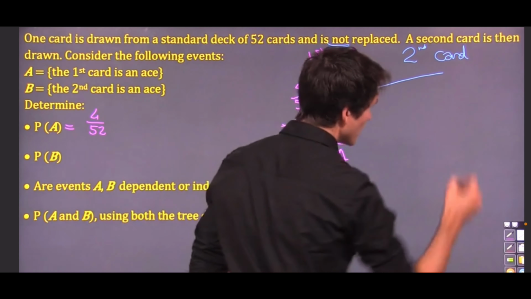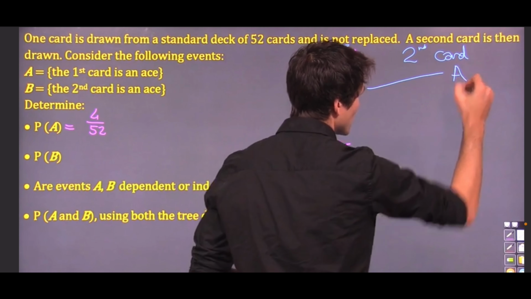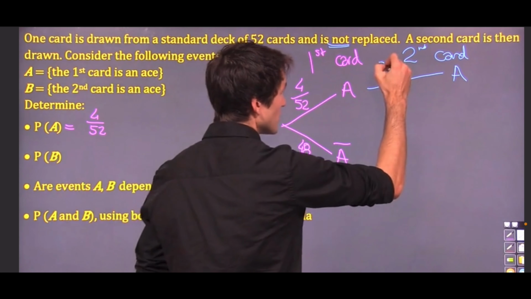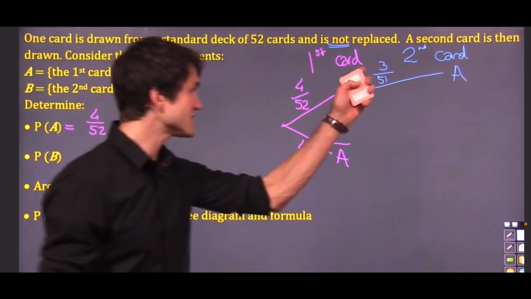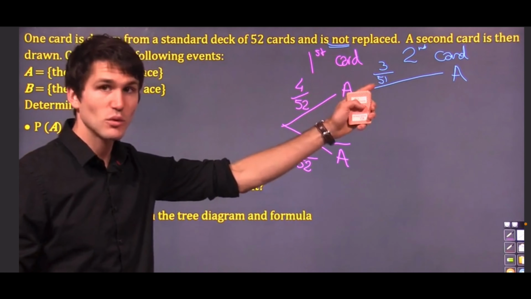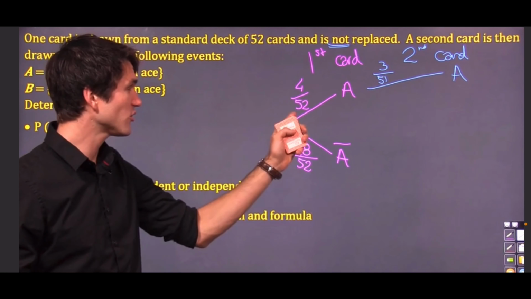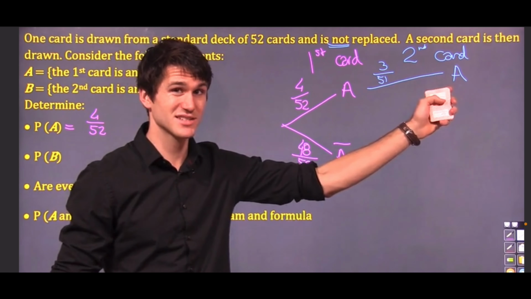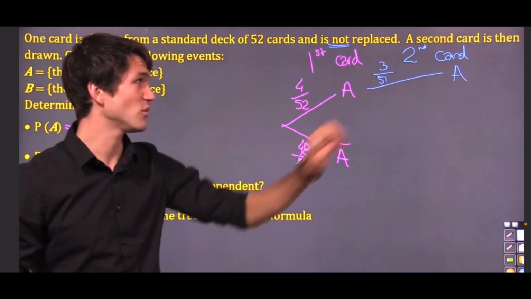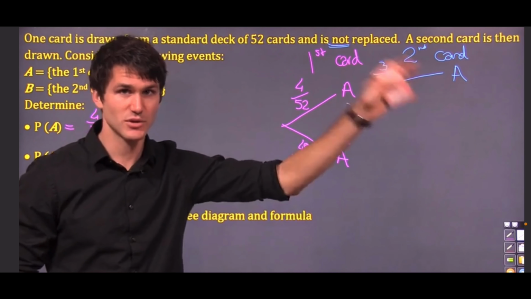So if I were to get an ace on the second draw, the odds of that would be 3 out of 51. There are 3 aces remaining, and there are 51 cards remaining. So first it's 4 out of 52, but then the chance of drawing the next ace is 3 out of 51, because I've already gotten rid of 1 ace and 1 card.